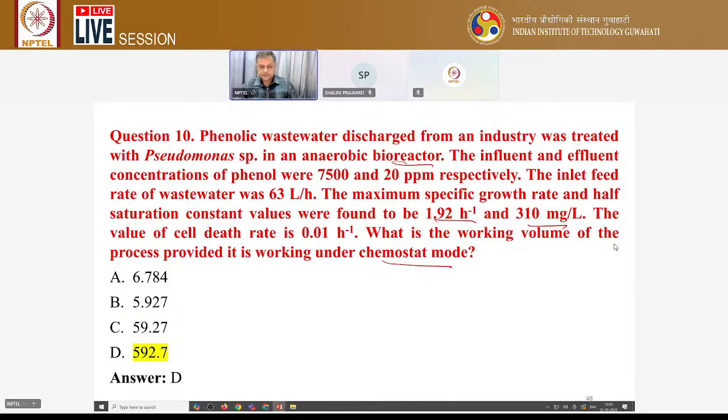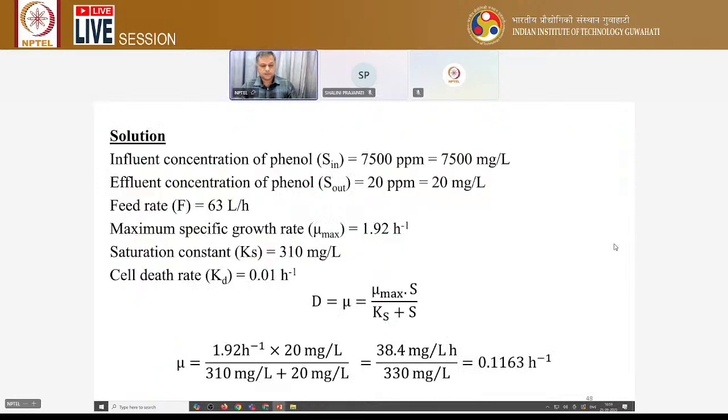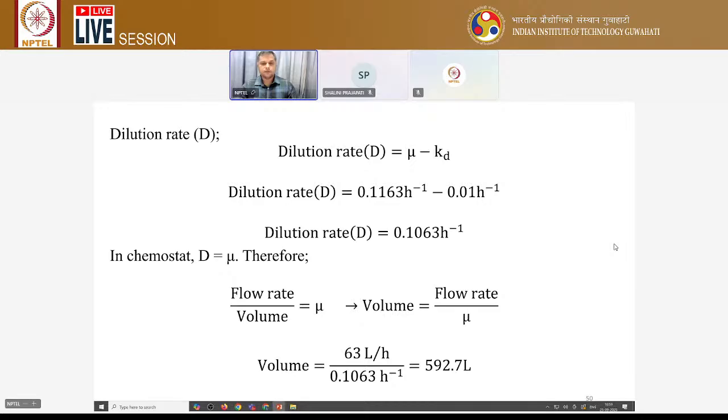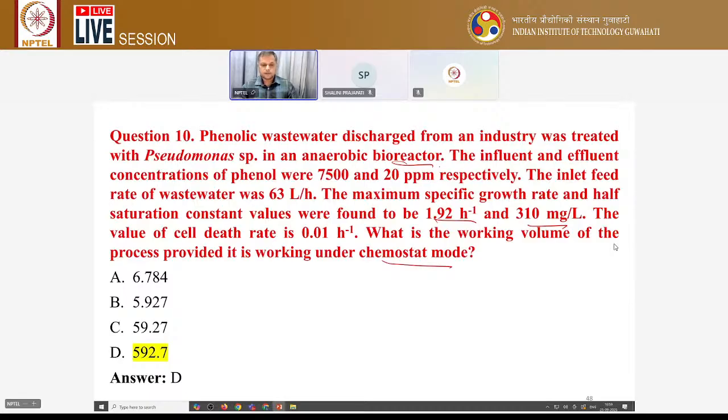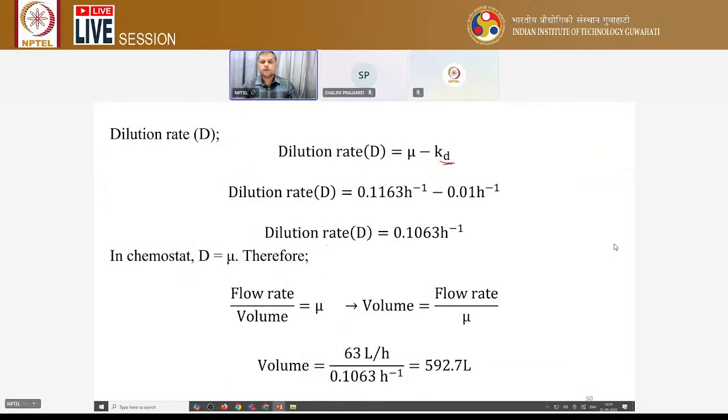So again, it's a very straightforward question. So it says you can find the value of D or mu as 0.1163 hour inverse. But here the death rate is also given. So the net growth will be mu minus kd.